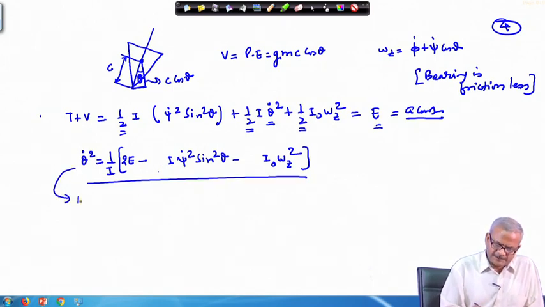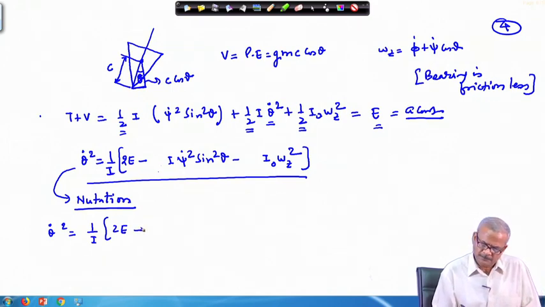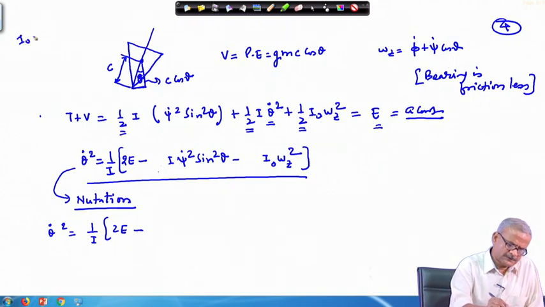So, this is your nutation rate. Remember, we are not assuming here that theta dot equals 0, and we need to solve this in order to get the solution. So, this theta dot square is 1 by I times 2 E minus psi dot, we have I 0 times omega z, this we have written as beta.